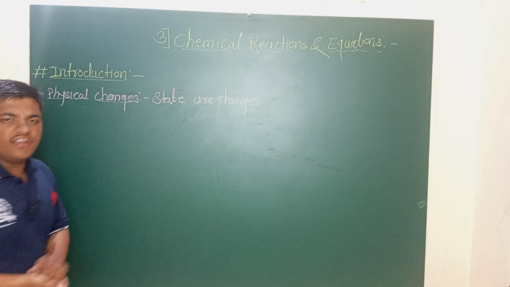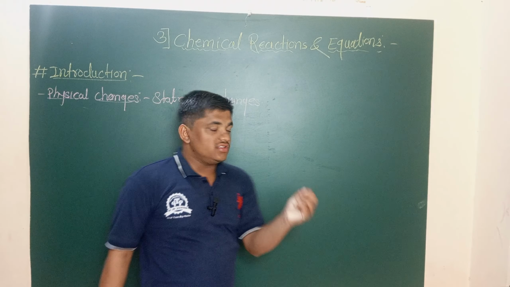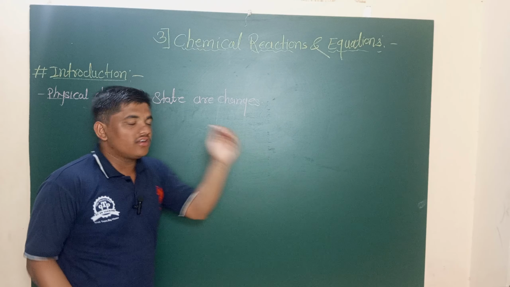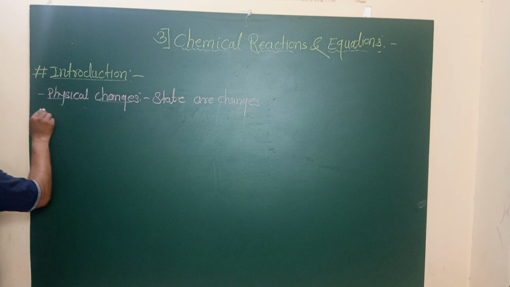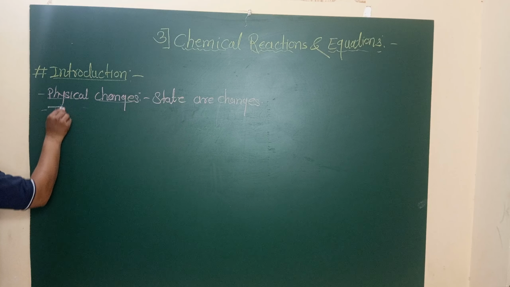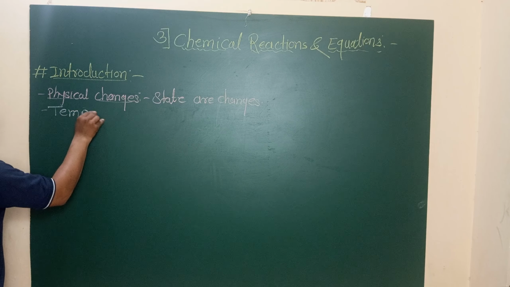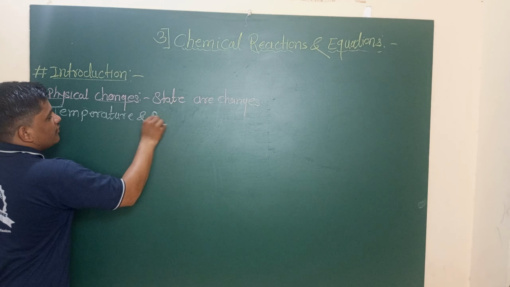And what are the physical quantities responsible for physical changes? Two physical quantities are responsible for physical changes. These two physical quantities are temperature and pressure.